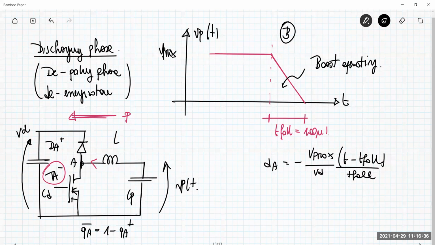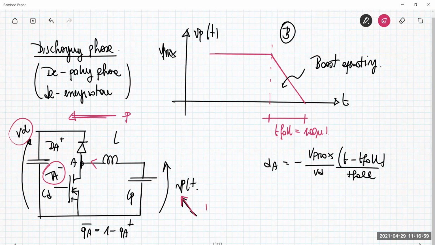Since this is a boost, we can consider that the input voltage of this boost is this one. This is the input voltage for my boost. The power translates from the right to the left. So in terms of power flowing, the input source is the load, while the load now is the input side, PD.